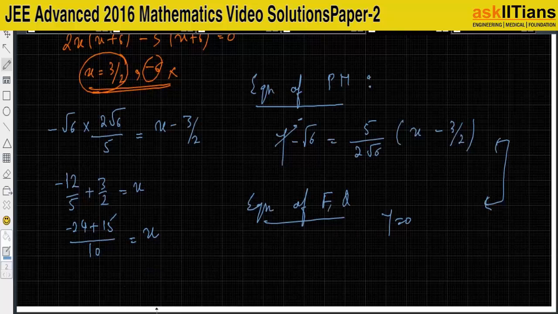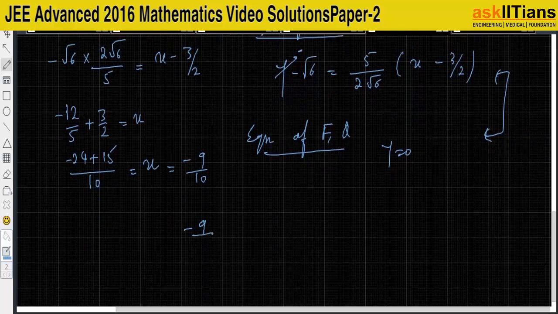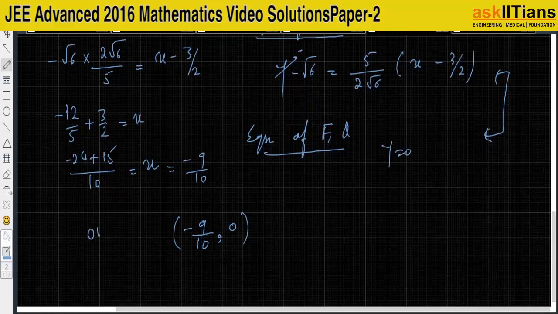So here 24 minus 15, what will be the answer of this? This will be 9 by 10, right? Minus 9 by 10, x will be minus 9 by 10. So the orthocenter will be minus 9 by 10 comma 0. This will be the orthocenter.